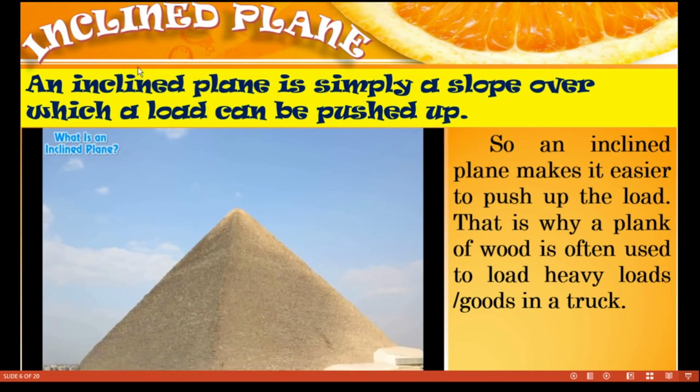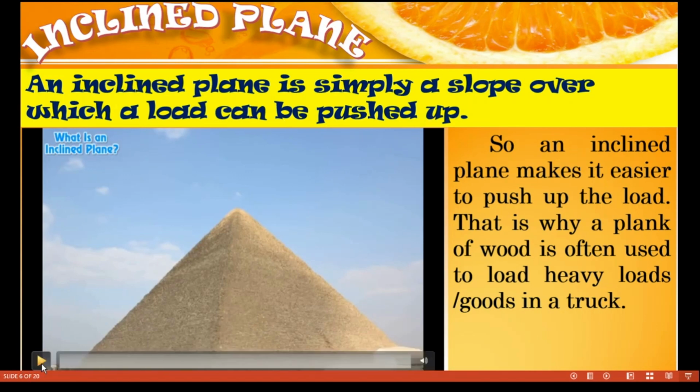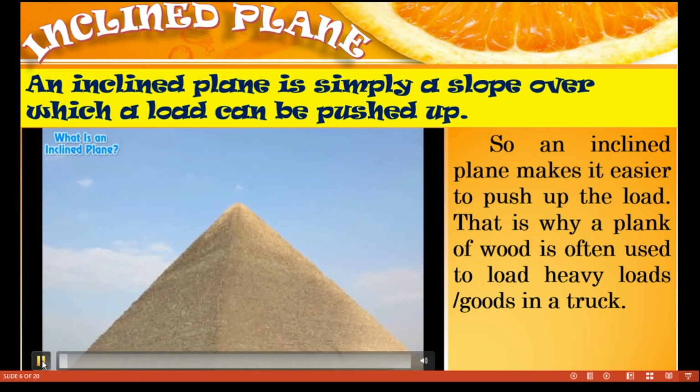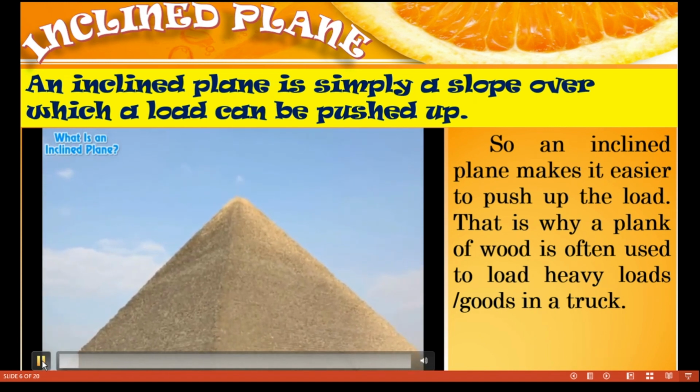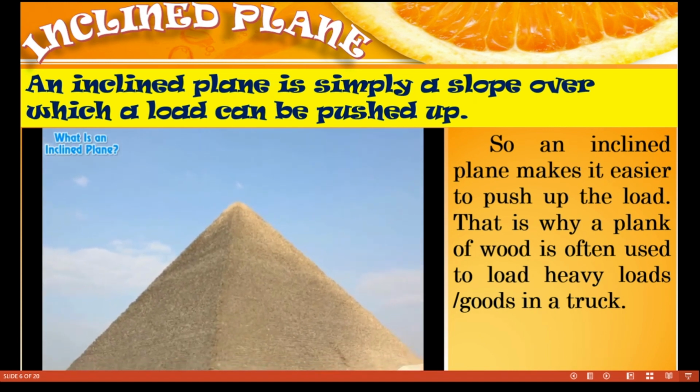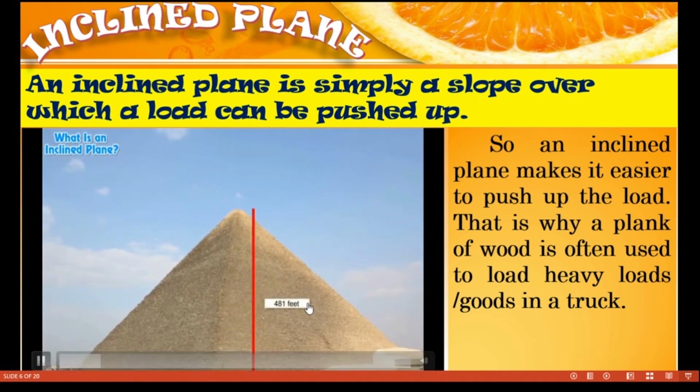Next, we are going to see what you mean by inclined plane. An inclined plane is simply a slope over which a load can be pushed up. Look at this video. What is this? Yes, you are right. This is the pyramid, which is famous in Egypt, and it is nearly 481 feet high.